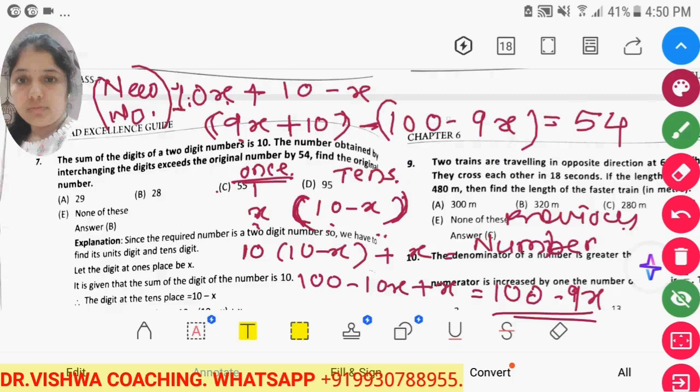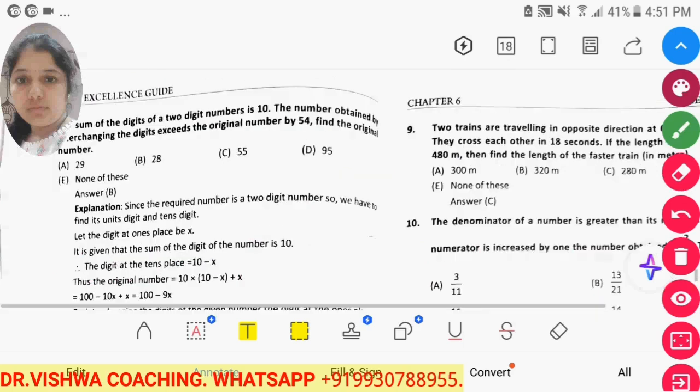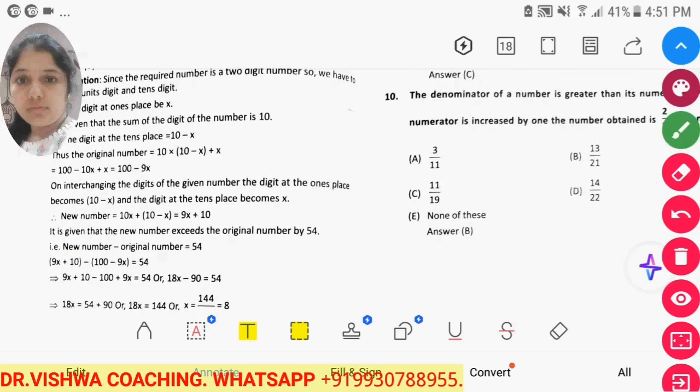Now simplify it and solve it. Minus of minus 9x becomes plus 9x, so it becomes 18x minus 90 is equal to 54. Now bring the constant term to the right hand side.